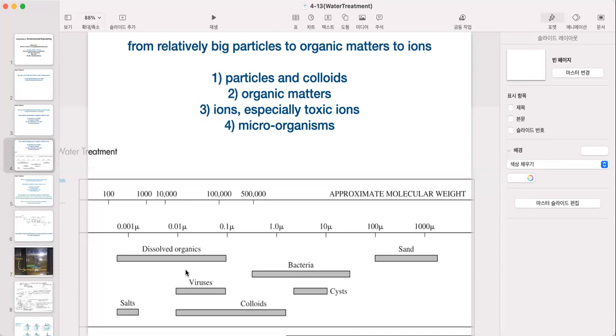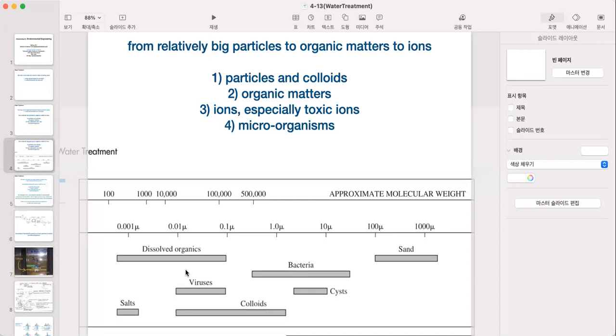So we would like to destabilize colloid. What do you mean by that?